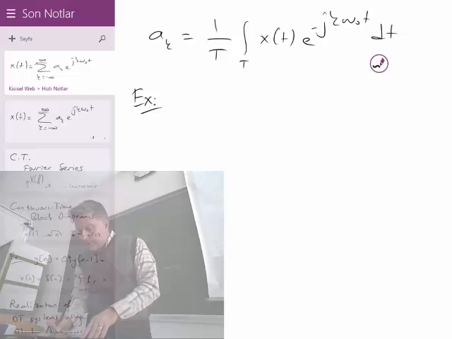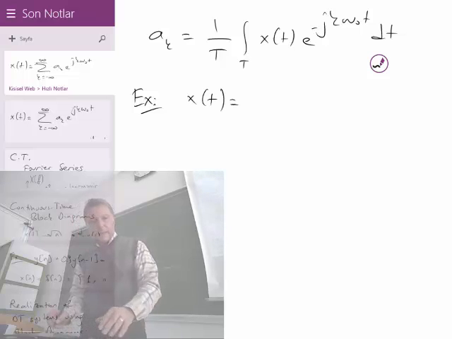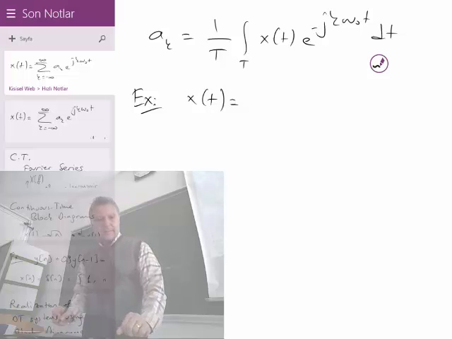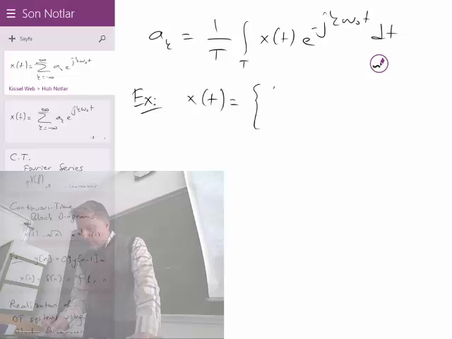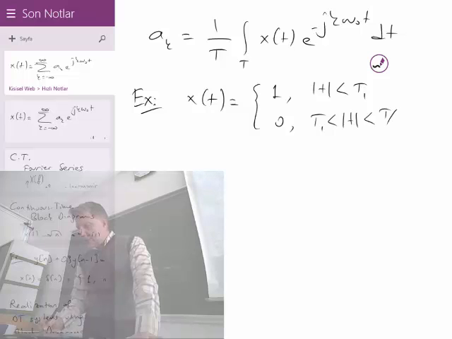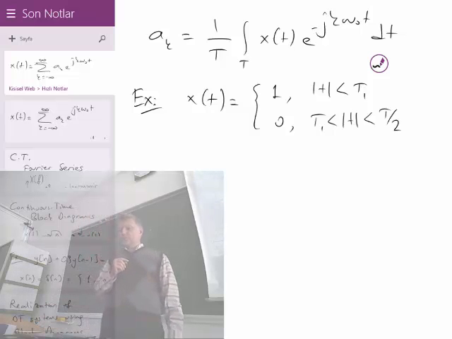And the question is as follows. x(t) is given as a rectangular pulse, which is 1 for absolute value of t less than capital T1 and 0 if it is greater than capital T1 and less than half the period, capital T over 2.